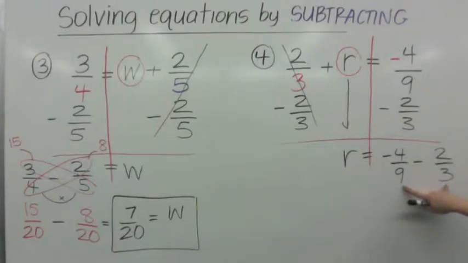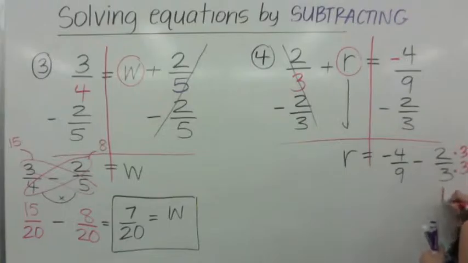Their common denominator is going to be 9. You know that, right? Because if you just multiply 2/3 by 3/3, you would get an equivalent fraction of what? What's 2 times 3? 6. 3 times 3 is 9. Those are equal, okay? And remember, that's negative.